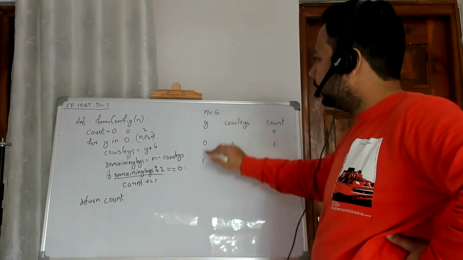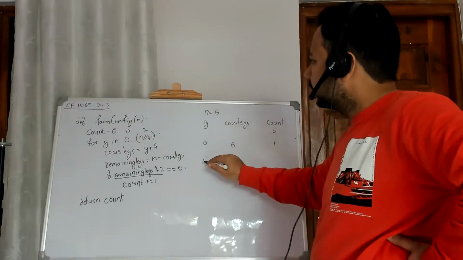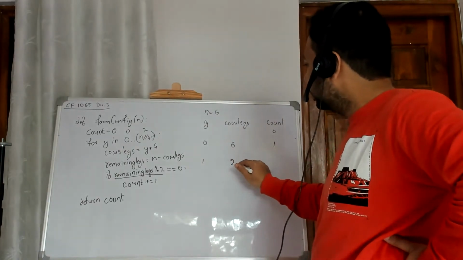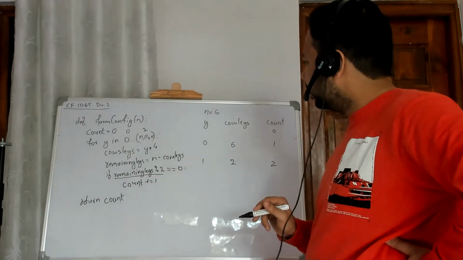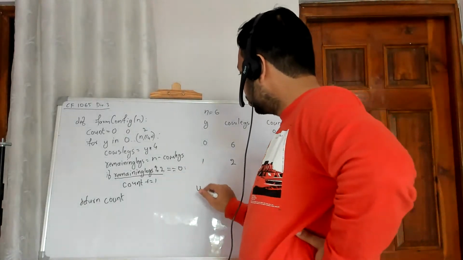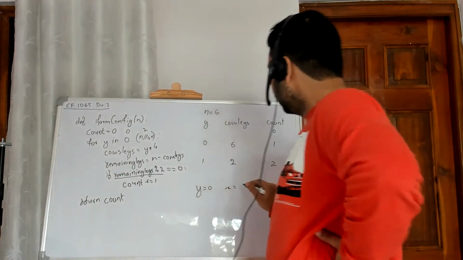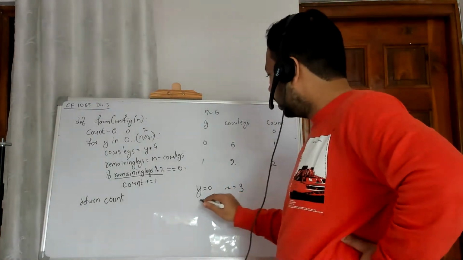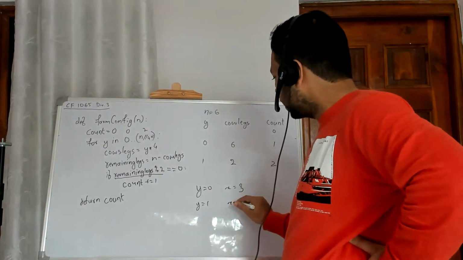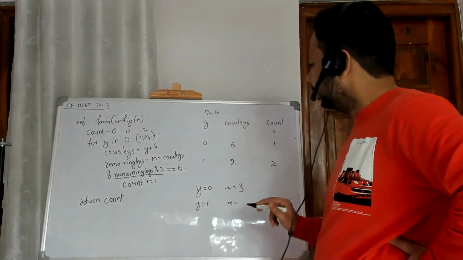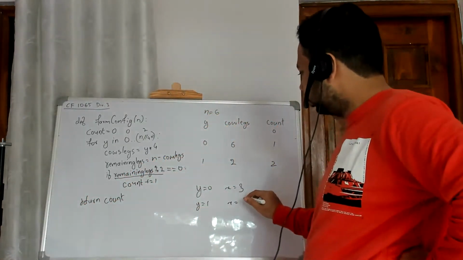For y is equal to 1, remaining legs is equal to 6 minus 4, which is 2. This is even, so I return count as 2. So there are two combinations. For y is equal to 0, x is equal to 3, and for y is equal to 1, x is equal to 2.